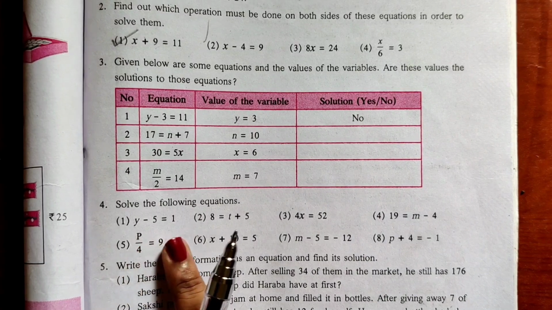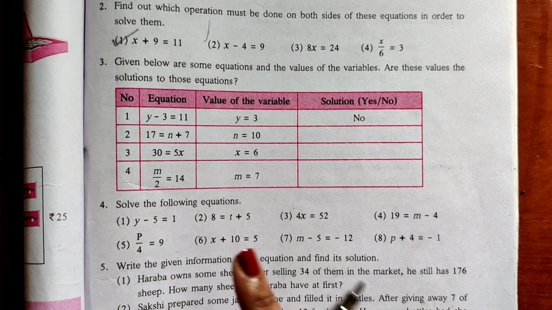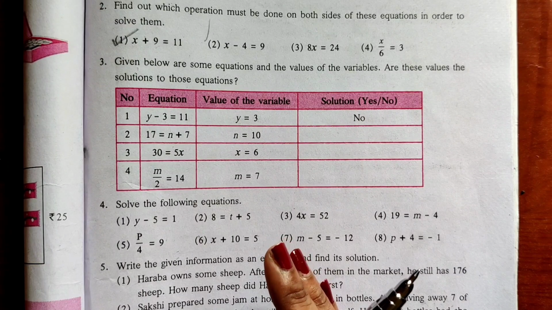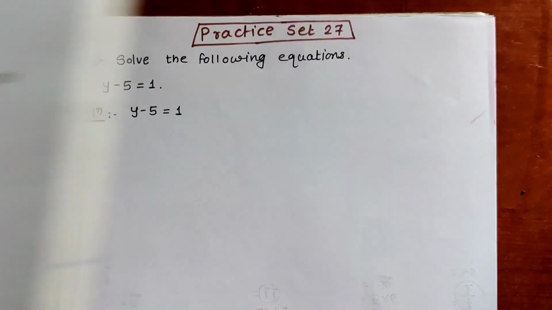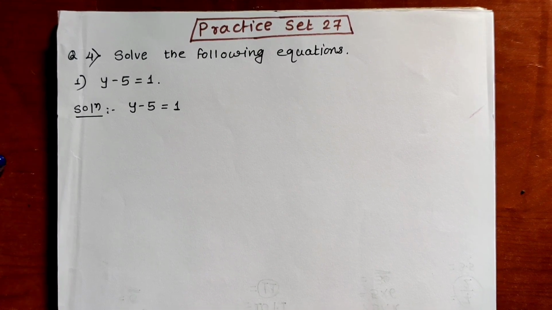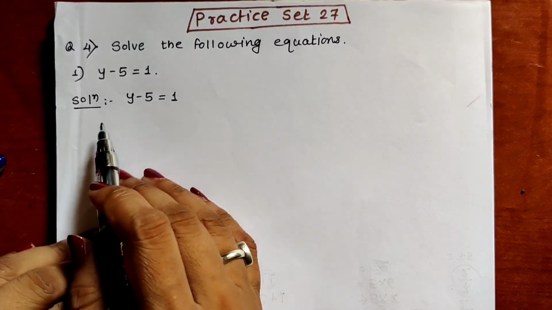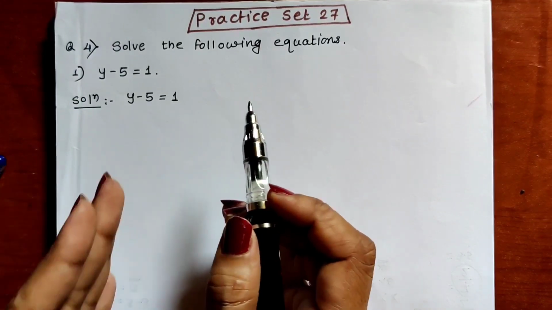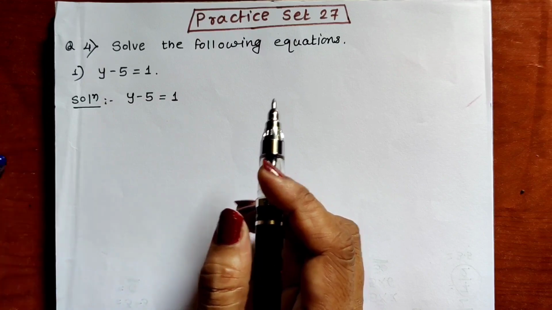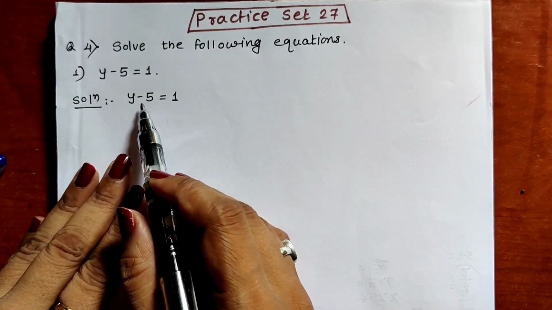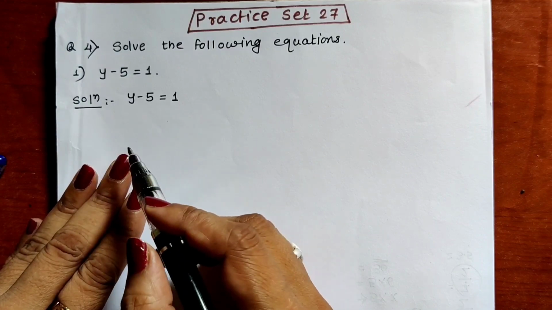We have been given the equations. We will check which is the variable side, and we will do the opposite operation to get the value of the variable. So let us see the first sum. y minus 5 equal to 1. So in the solution write the equation. Now y minus 5 is the variable side, the left hand side is the variable side, and on the variable side, this 5 is subtracted from the variable.